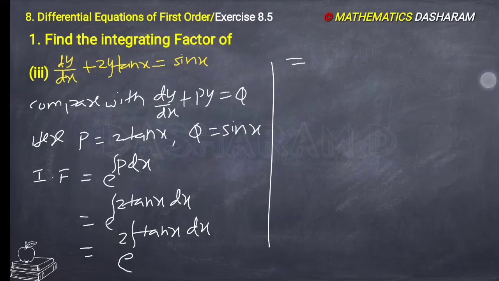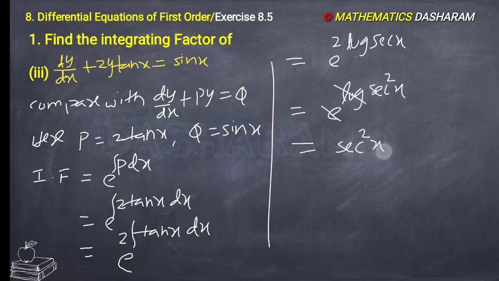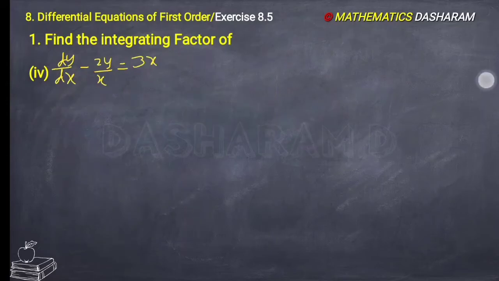That equals e to the power of 2 times log sec x. Using the formula m log a = log a to the power of m, we get secant square x, since e and log cancel. So secant square x is the integrating factor.